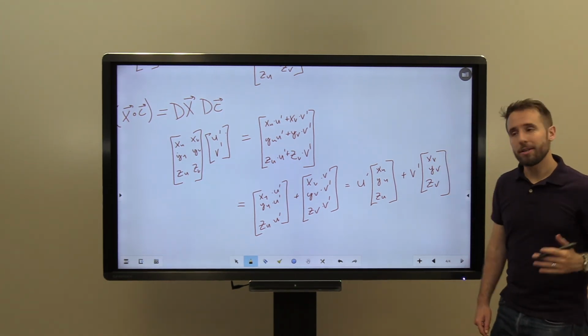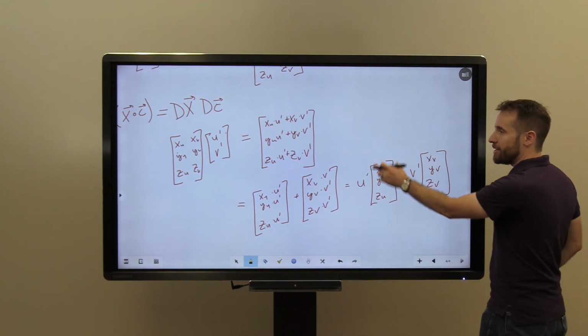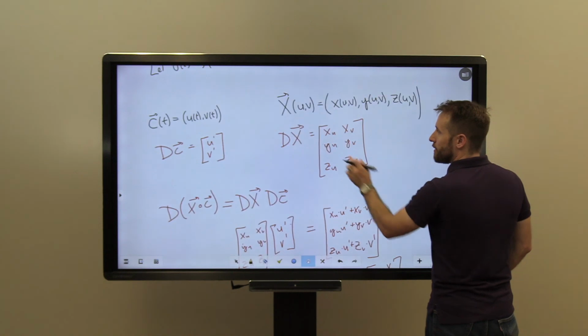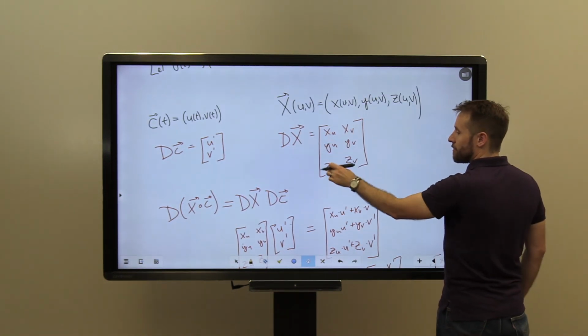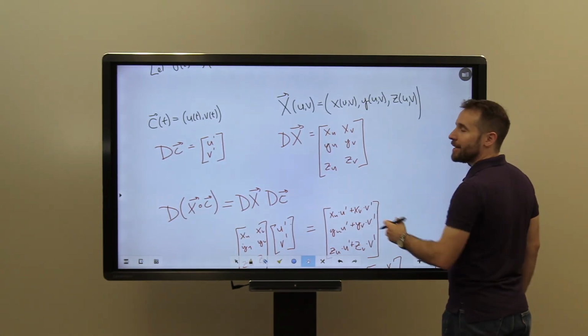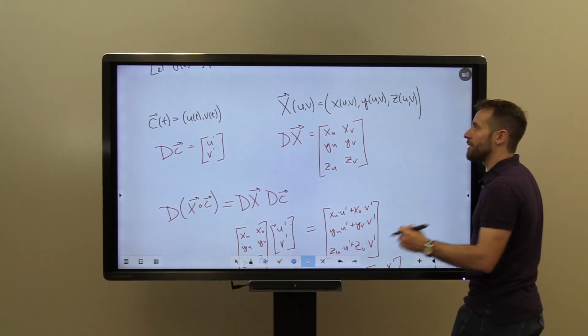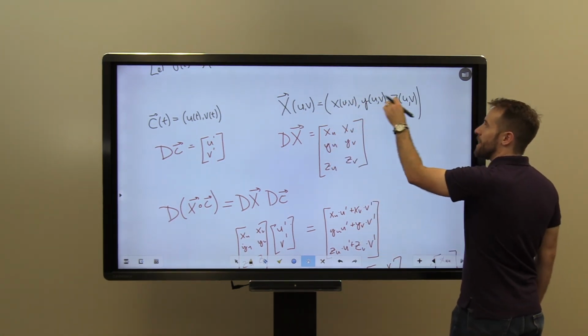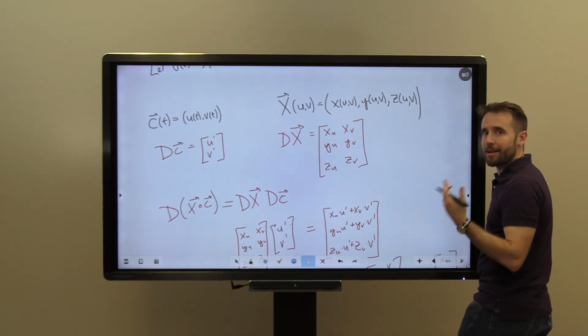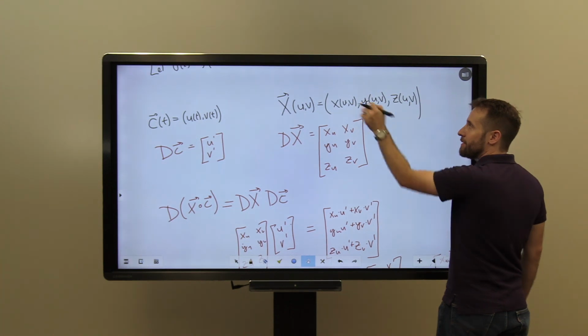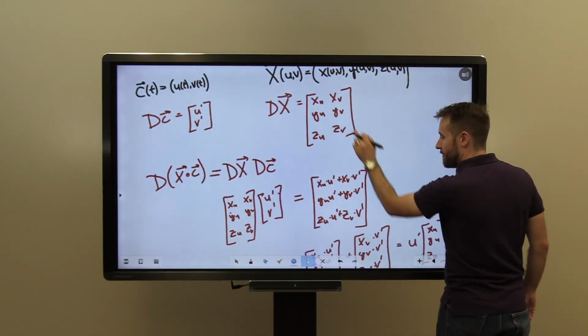And I might want to do that because this column was really nothing more than this column, right? And this column, as you'll recall, was really just our capital X sub u. This was the u derivative of each of our entries, but organized as a column vector. Similarly, this is just the v derivative of each of our entries, arranged as a column vector.